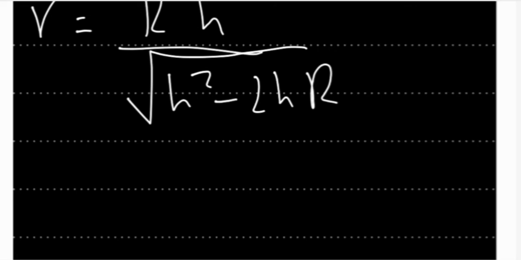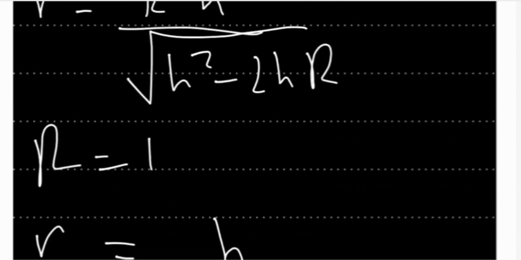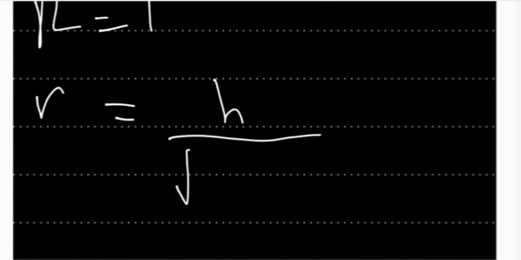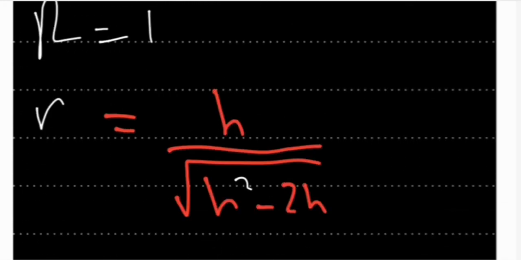Now remember that big R is equal to 1, so small r is equal to h divided by the square root of h squared minus 2h. So this is our answer for the first part.